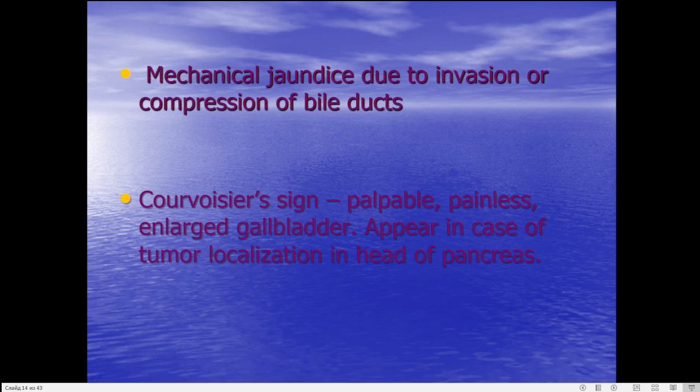We say that Courvoisier's symptom is positive when we palpate the gallbladder if the patient has mechanical jaundice and a tumor in the head of the pancreas. We can palpate the enlarged gallbladder without any pain.